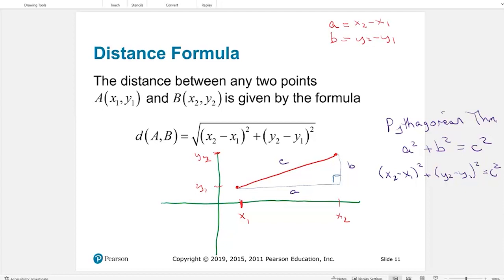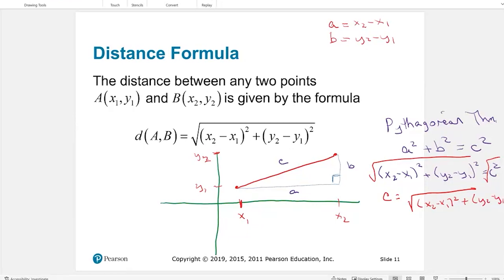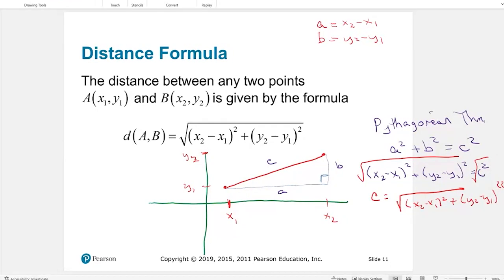But I want to know just what C is. So how do I do that? I take the square root of both sides. And when I do that, I'm going to flip the equation around. So I have C is equal to the square root of (x2 minus x1) squared plus (y2 minus y1) squared, right?